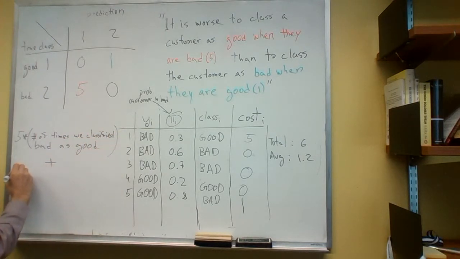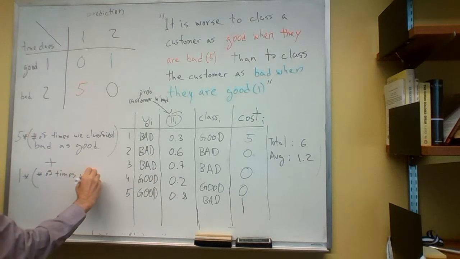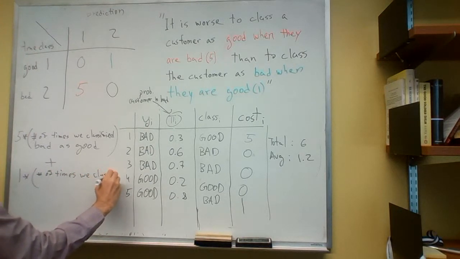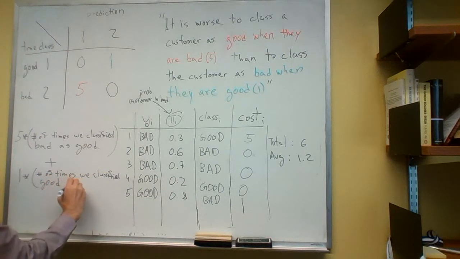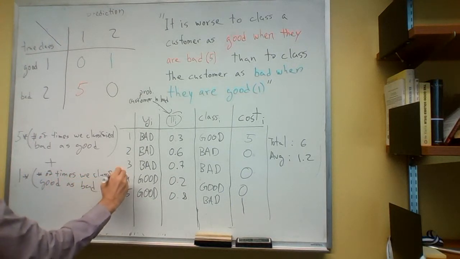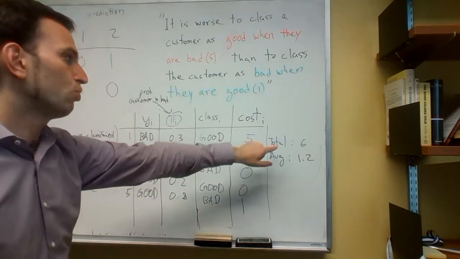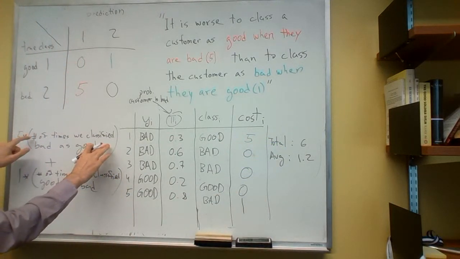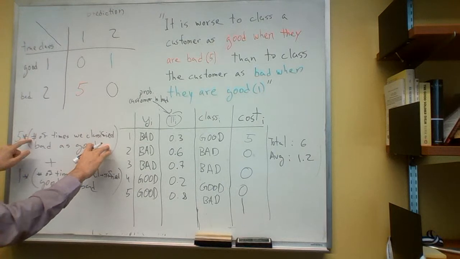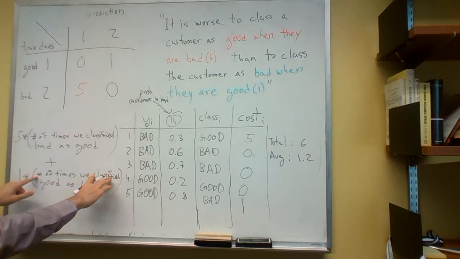And then you add to it 1 times the number of times we classified good as bad. That's the same thing as what we did here to compute the total. The only difference is that here we just count the number of times we had this kind of case, and the number of times we had that kind of case.